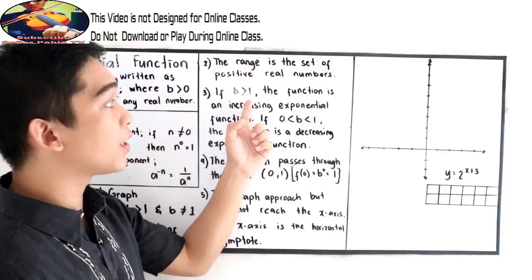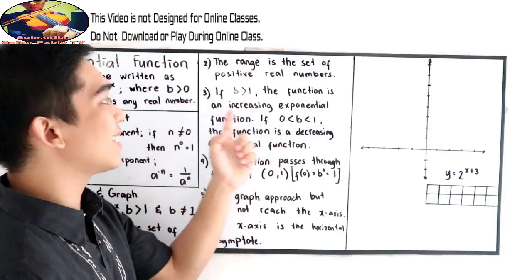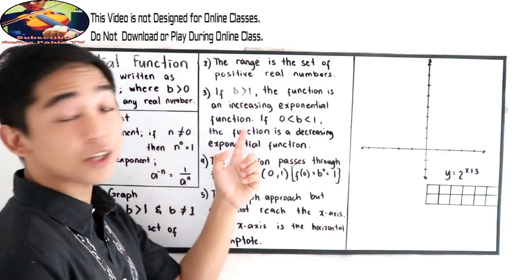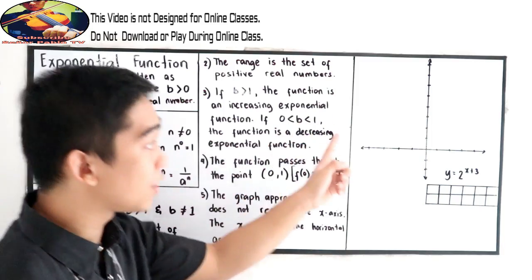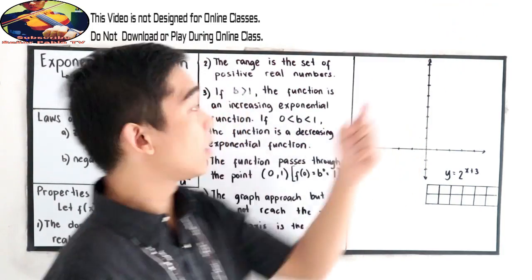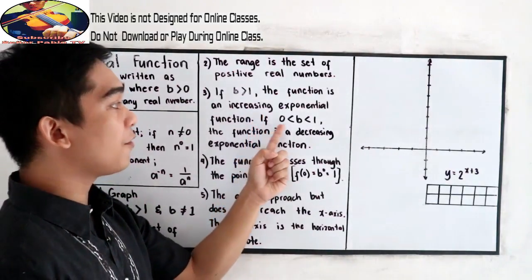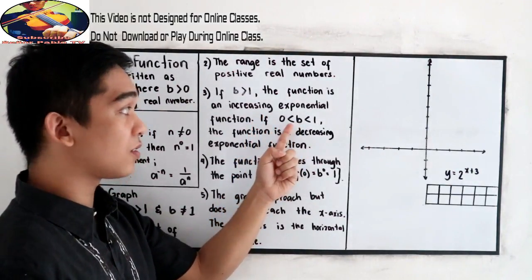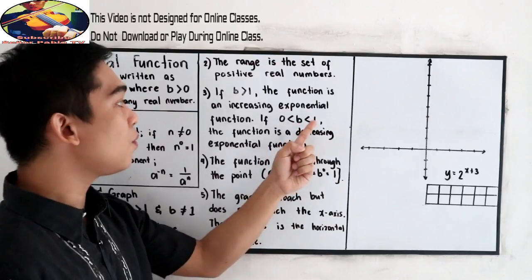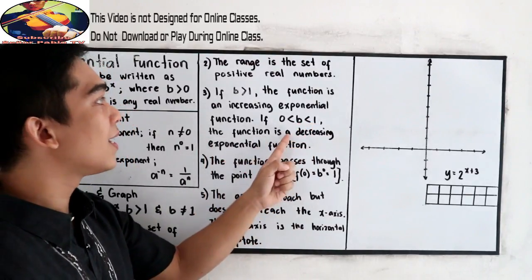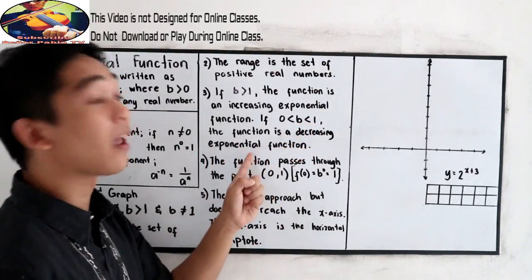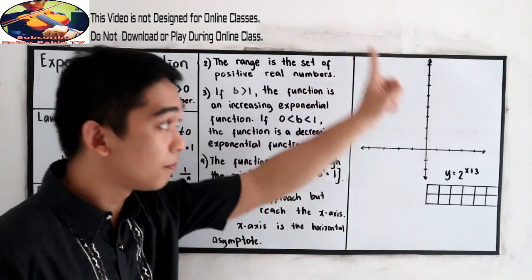If b is greater than 1, the function is an increasing exponential function. So, increasing, it's going up if b is greater than 1. If b, or the base, is greater than 0 but less than 1, the function is a decreasing exponential function, going down.